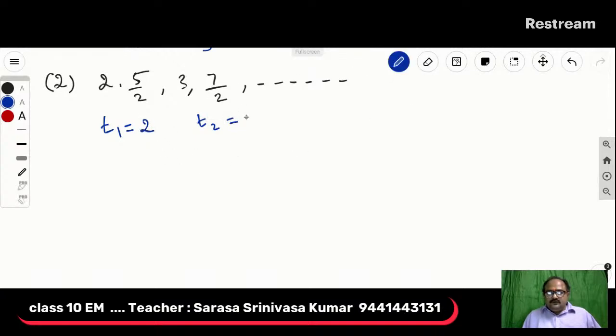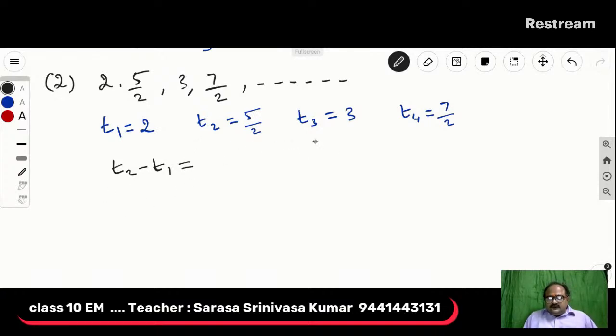First term is 2, second term is 5 by 2, third term is 3, fourth term is 7 by 2. Now we calculate T2 minus T1. Students can write all these differences in the chat box. T2 minus T1 is 5 by 2 minus 2, which is 5 minus 4 by 2, equal to 1 by 2.